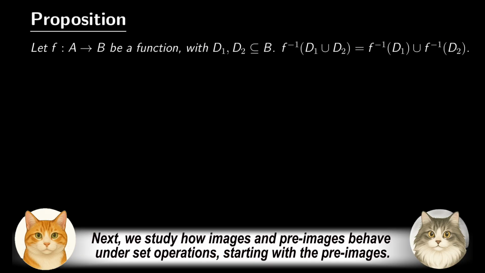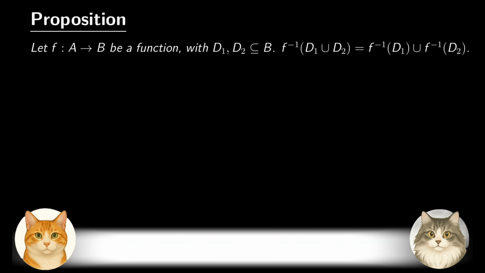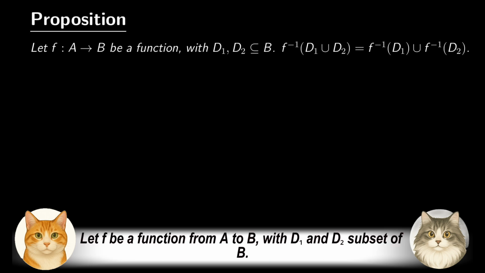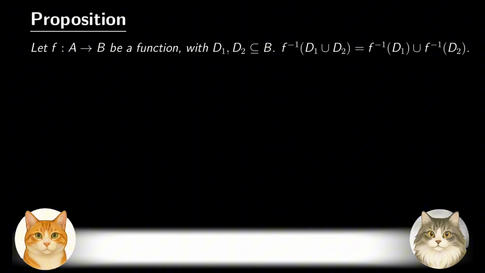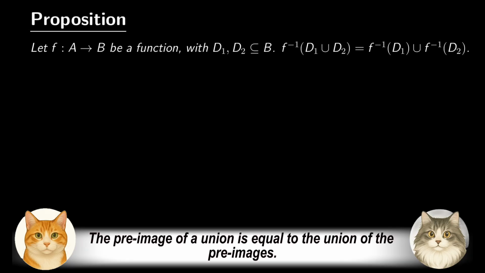Next, we study how images and preimages behave under set operations, starting with the preimages. Let f be a function from A to B with D1 and D2 subsets of B. The preimage of a union is equal to the union of the preimages.